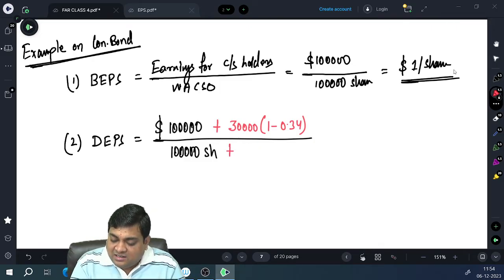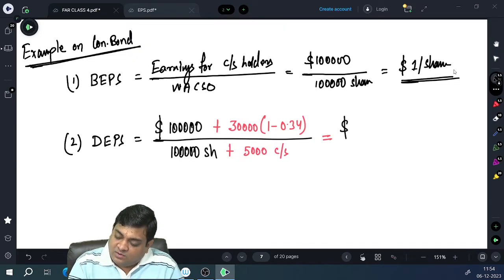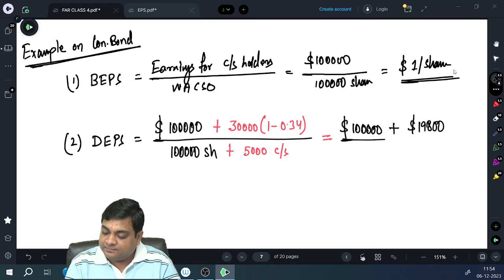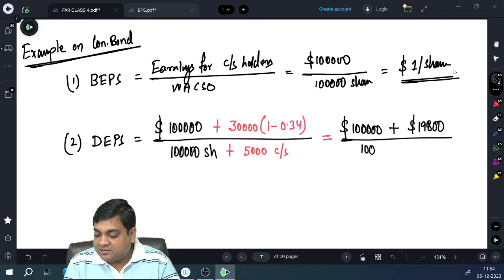As a result, these 500 bonds will be converted into 500 common stock. So this is $1 lakh plus $19,800, and this is 1 lakh shares plus 5,000 shares.